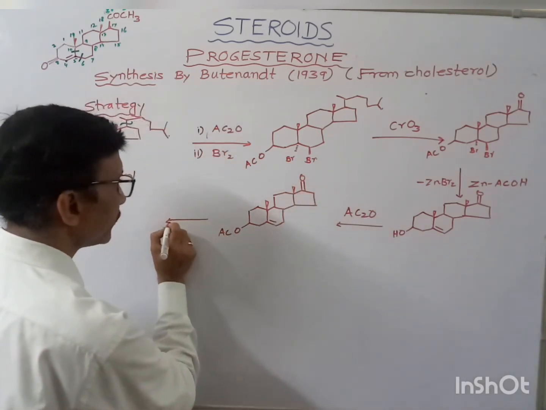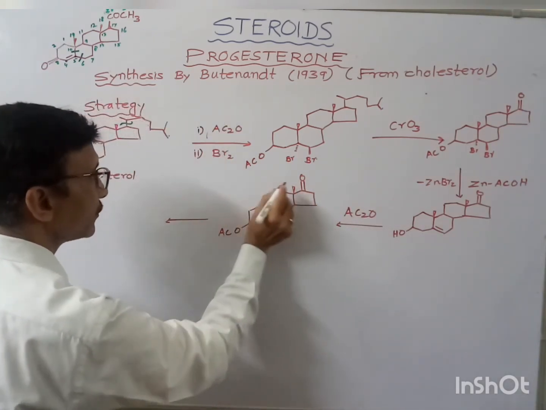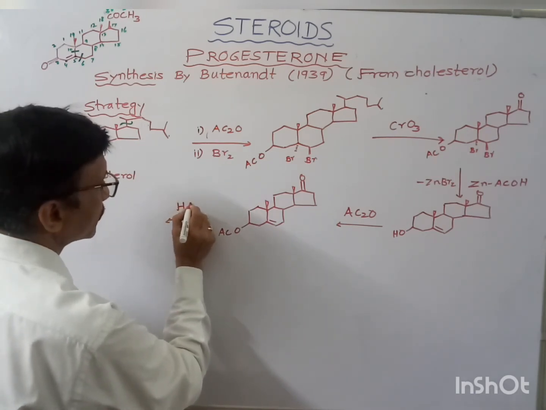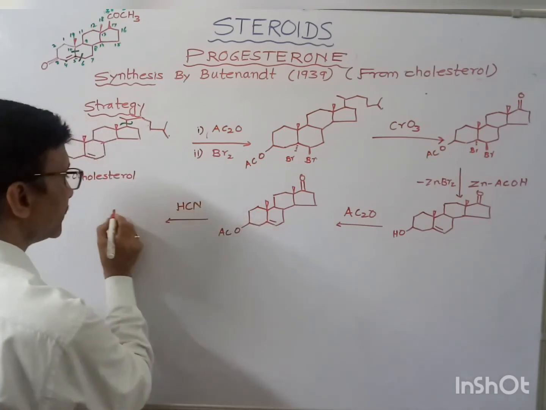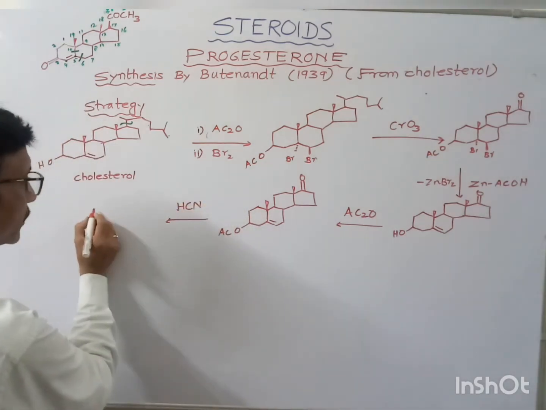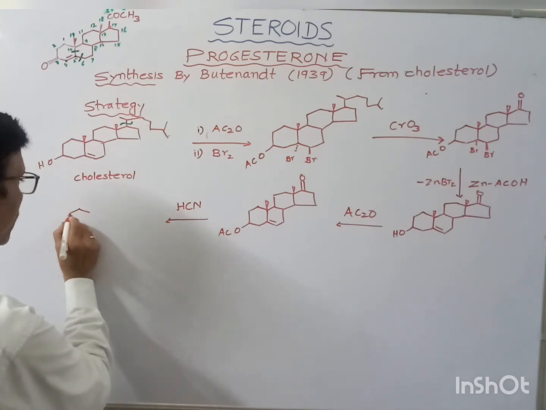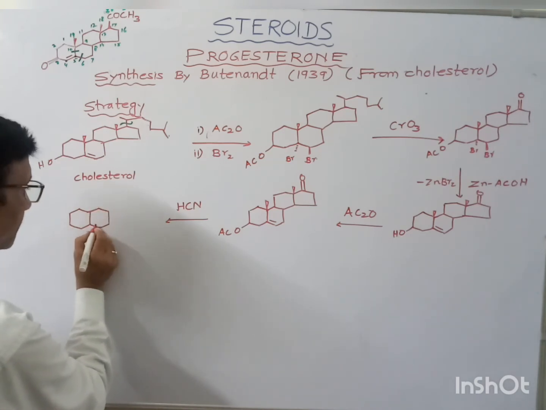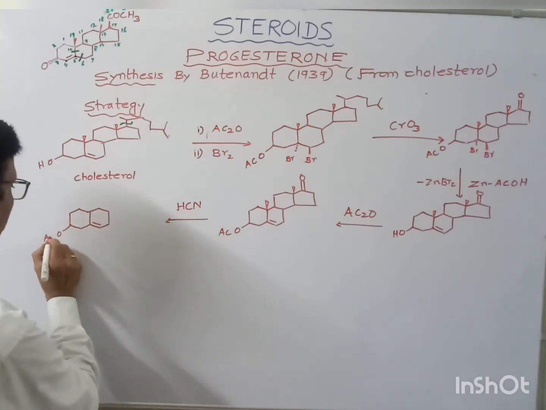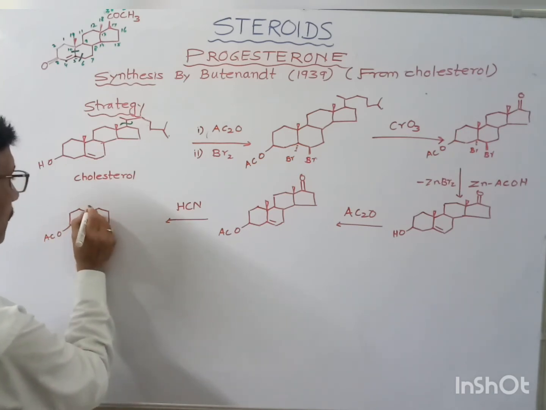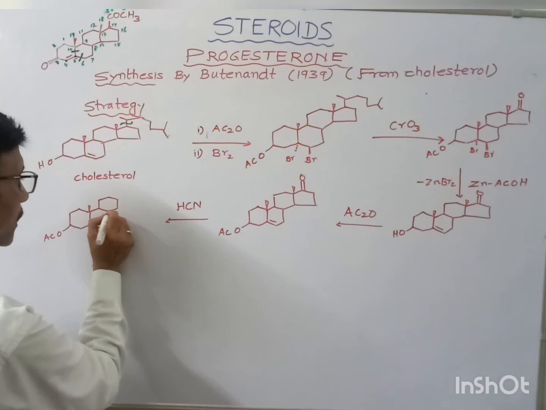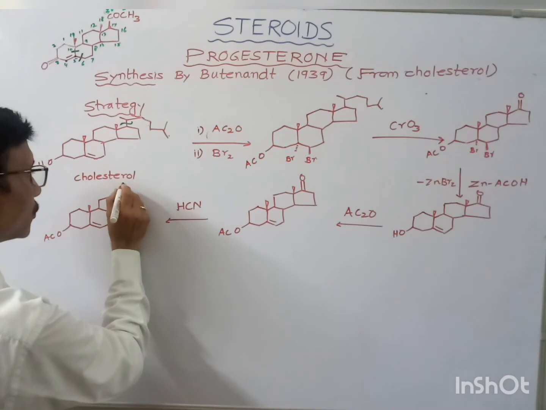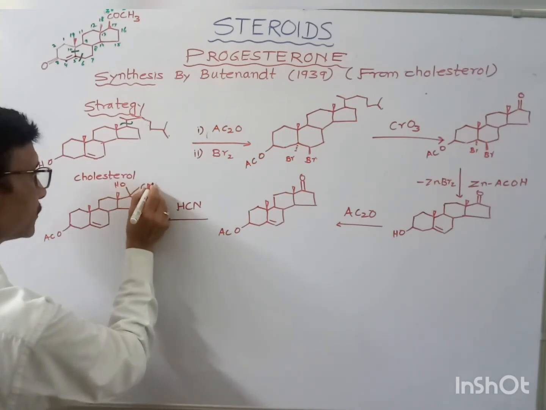Now what we may do is treat it with HCN, and nucleophilic addition over this carbonyl will take place, giving OH and one CN.